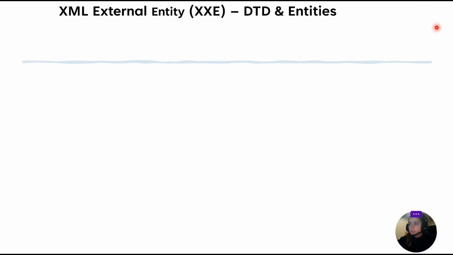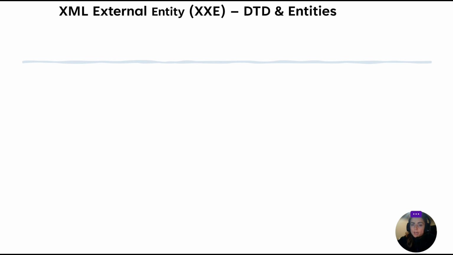Apart from knowing what XML, attributes and elements are, we should know additional terminology, which is again part of the XML language, as we want to explain and understand the XML external entity vulnerability very well.